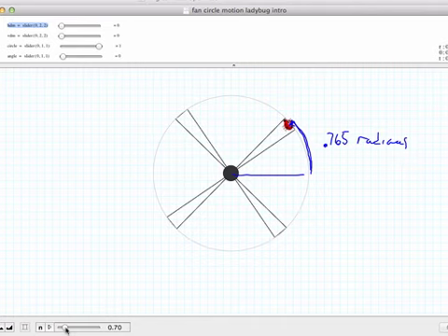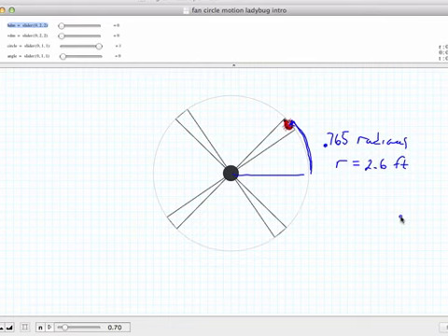Okay, something like that. So now I want to get exactly how far did the bug travel. So if that's the number of radius lengths, and each radius length is 2.6, how would we get exactly how far? So we went this fraction of one of those.